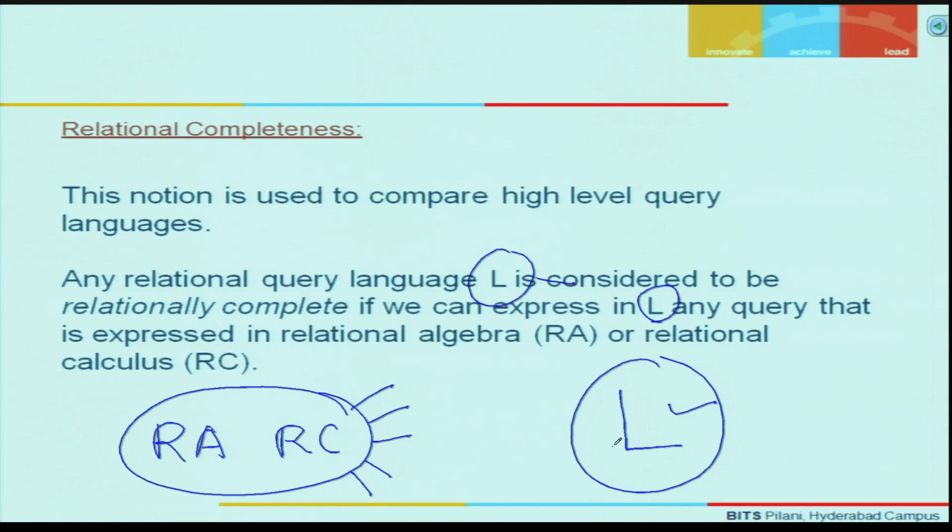Otherwise, it is not relationally complete. For example, SQL is relationally complete. That means whatever queries you can specify in algebra or calculus, the same can be written using SQL statements. That is why SQL is a relationally complete query language. This concept of relational completeness is used to compare the quality of high level query languages.